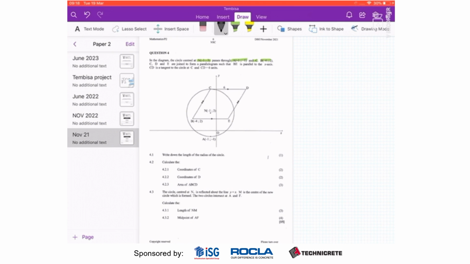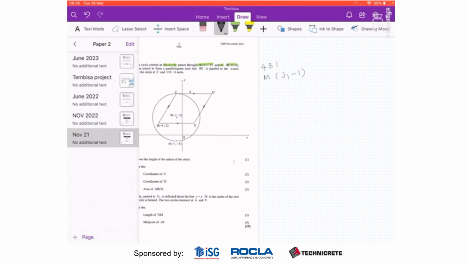Okay, so I think firstly we need to understand this line of reflection. So when something reflects about the line y is equal to x, the values get reflected. So for M, the center of the circle is going to be 3, -1, because it's reflecting. Basically my y and x values are being reflected because this is now a reflection of N, -1, 3.